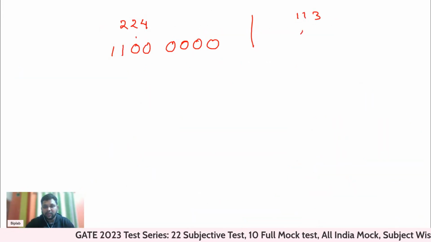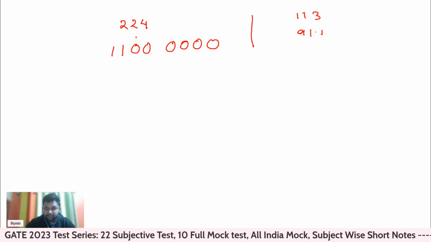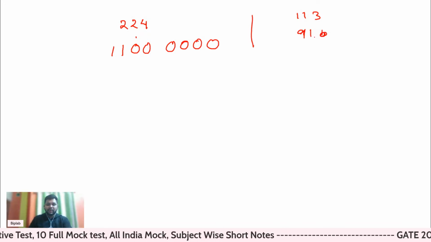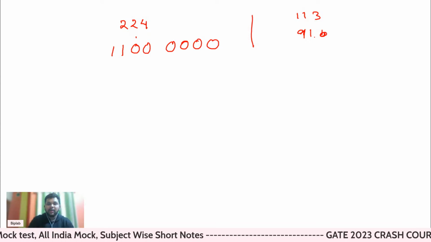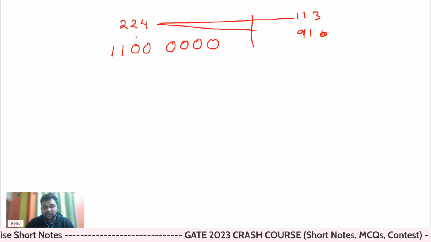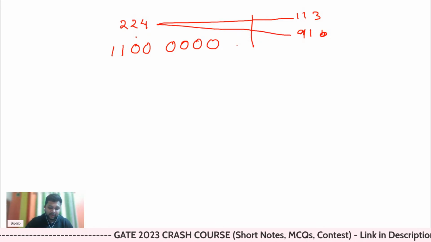In both of the cases, if you perform AND with this and this with this, you will have two different results.